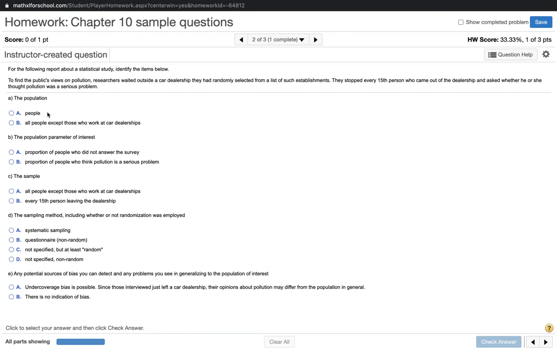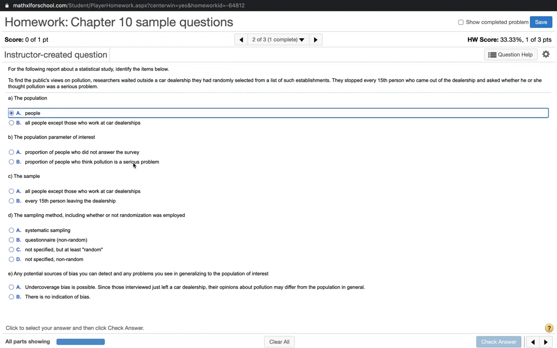Our choices are people, or all people except those who work at car dealerships. Well, B makes no sense because they stopped people coming out of a car dealership. So the answer has to be A. We're hoping to learn about people's thoughts on pollution generally.